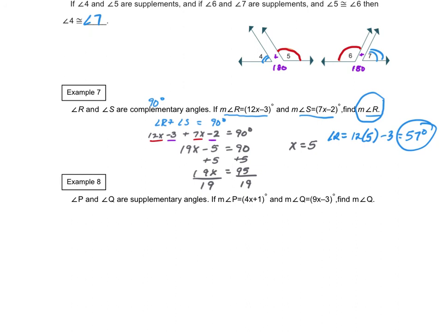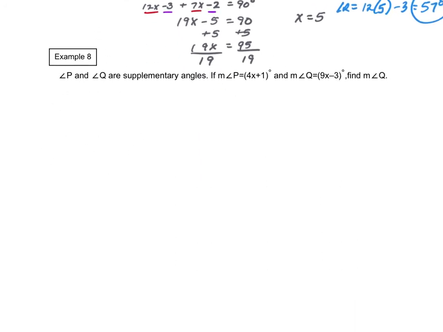Now, if we're going to do it with supplementary angles, we're going to do the same stuff. So look at example number 8. It says angle P and angle Q are supplementary angles. So that means that angle P plus angle Q equal 180 degrees by the definition of supplementary angles.